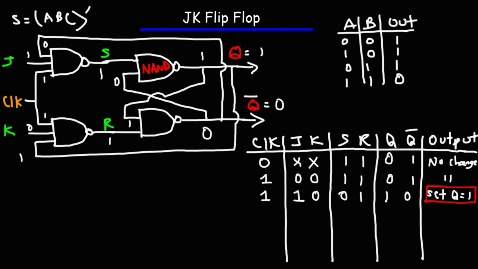So since we can't do anything with J after we press it the first time, since it's no longer going to change the output if we press it a second or third time, the only thing that's left to do right now is to press K. So with an active clock input, we're going to release J to 0, and we're going to press the K button. So J is now 0, K is 1.